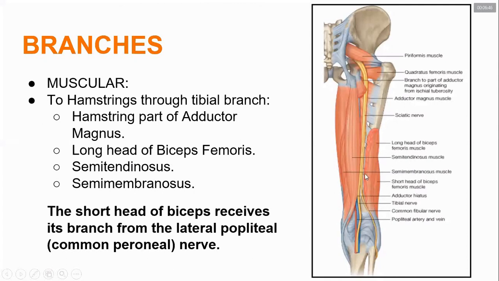Other than that, everything is supplied by the tibial component of the sciatic nerve in the posterior aspect of the thigh. And here you can also see, after it arises from the pelvis below the piriformis muscle, it runs over the short external rotators.